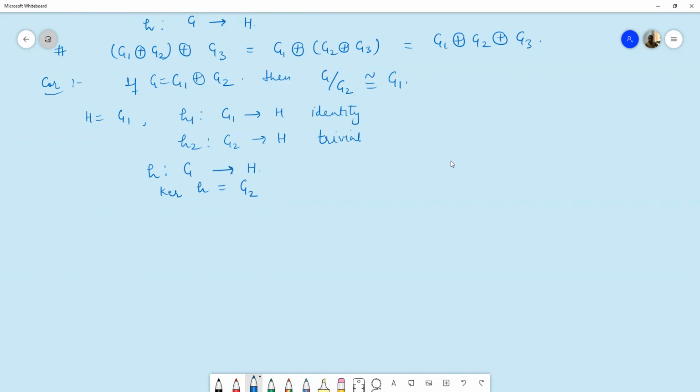So if we have a surjective map whose kernel is G2, then the domain space over the kernel will be isomorphic to the range space, and that is H, and H basically is equal to G1 here. So G upon G2 is isomorphic to H, which means G upon G2 is isomorphic to G1.